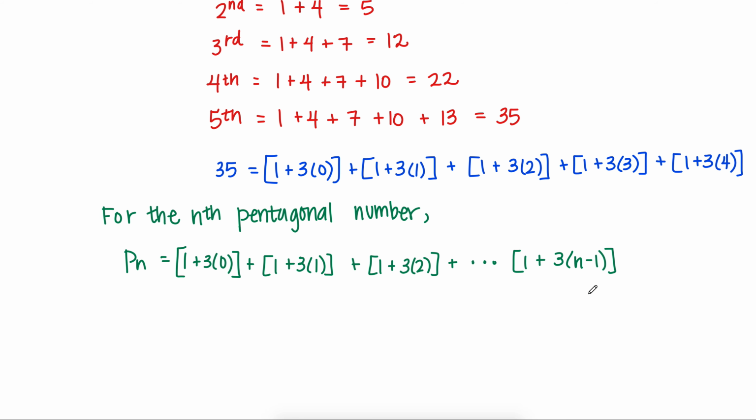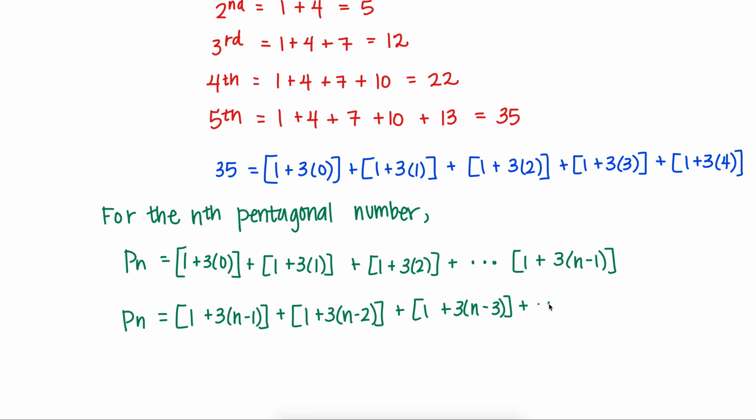Now, we're going to do this very similar to how I did the other ones. I'm going to rewrite this, but in the opposite order. You could also write this as 1 plus 3 times n minus 1, plus 1 plus 3 times n minus 2, working our way backwards, plus 1 plus 3 times n minus 3, all the way down to 1.